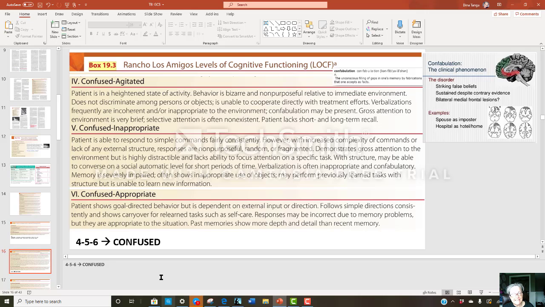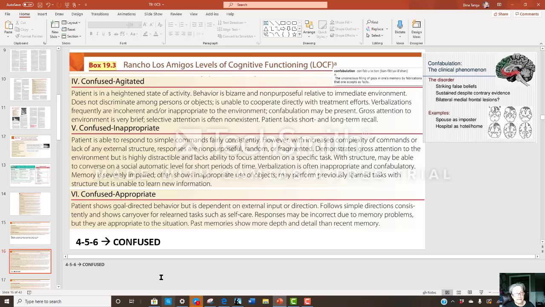So what part of 6 is confused? The confused could relate to the memory problems, but they're appropriate for the situation. Responses may be incorrect due to memory problems, but they are appropriate to the situation.